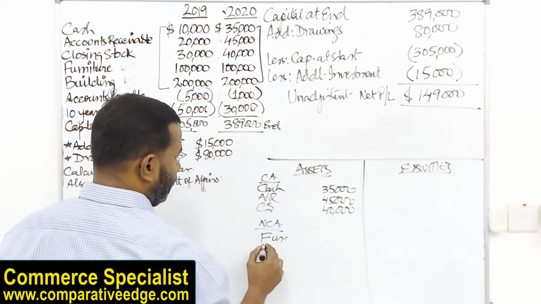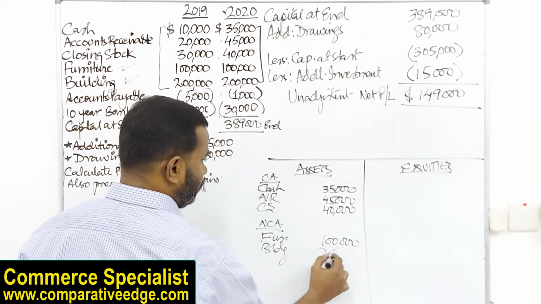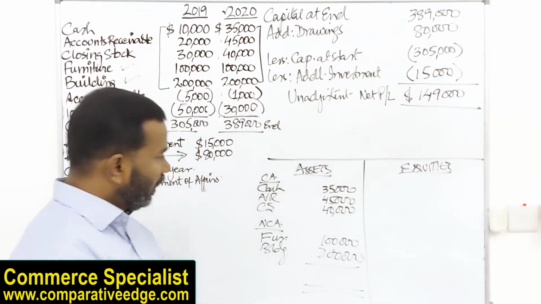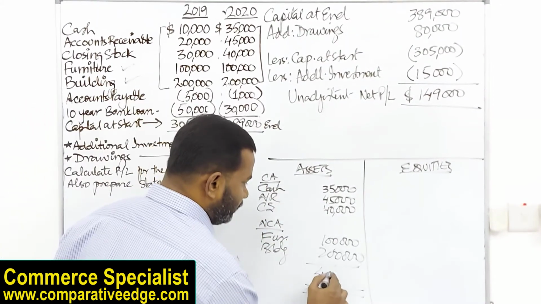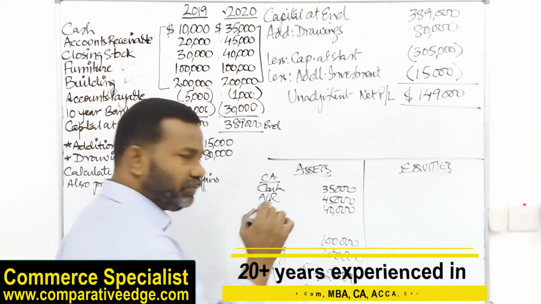Furniture and building, 100 and 200,000. So if I add all these, 300, 40, 80, 420,000. Check the accuracy, please. This is your total assets.